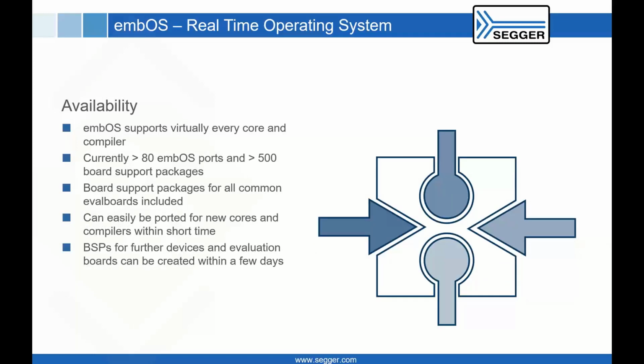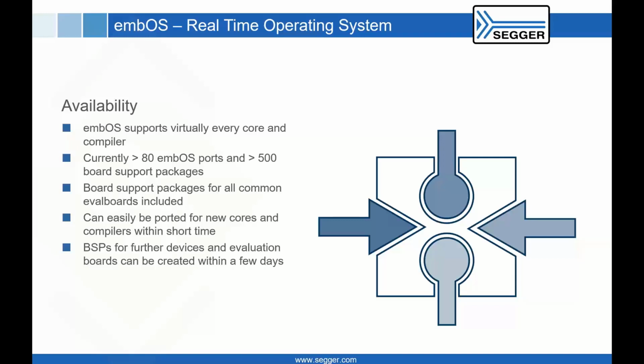One other big item is availability. As you will see, embOS supports virtually every core and every compiler, and there are currently over 80 embOS ports available, and within those there are over 500 board support packages. So we'll talk about that more, of course, in this webinar later on.